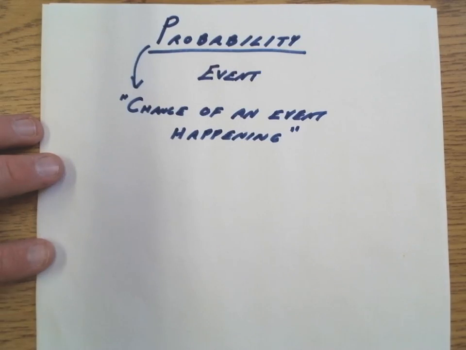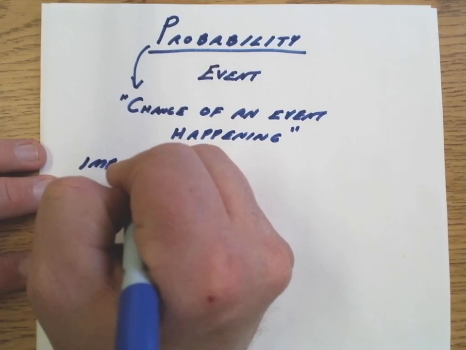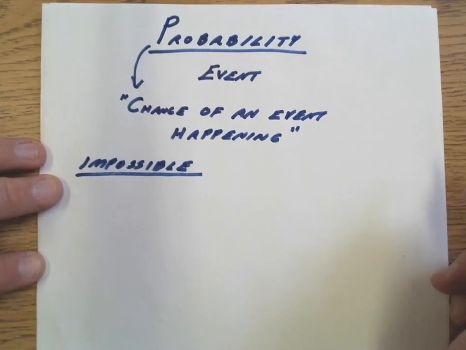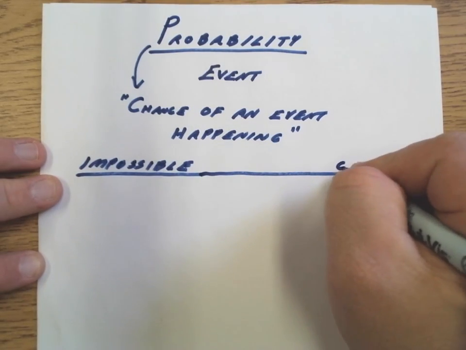Now, with events, we have events that are impossible, and we also have events that, well, are certain.